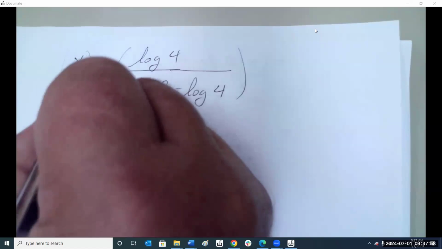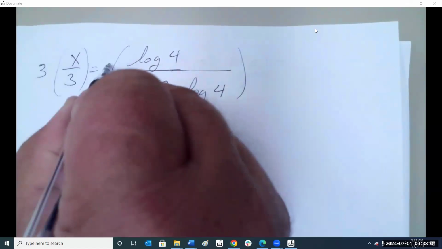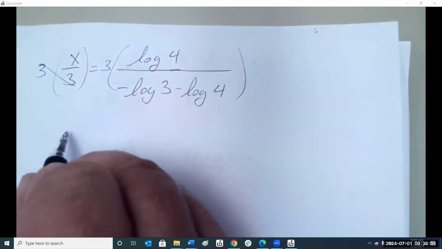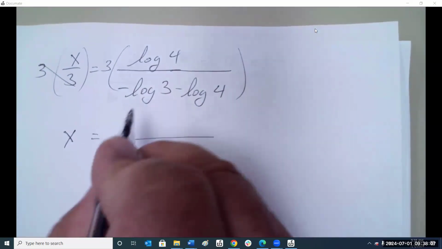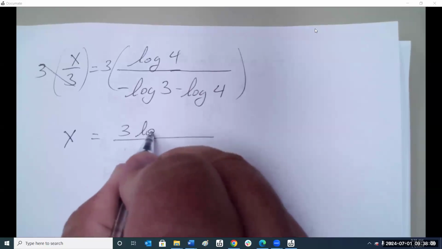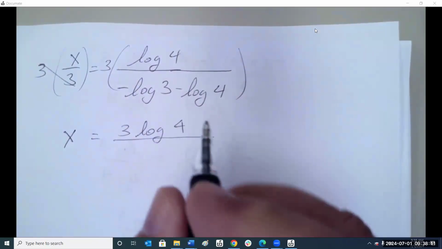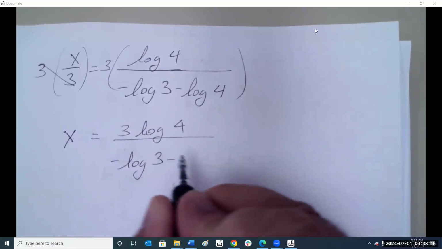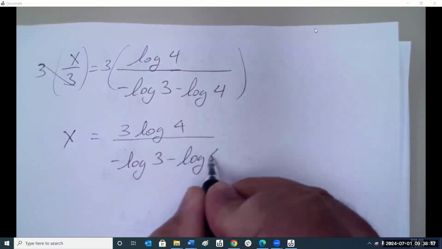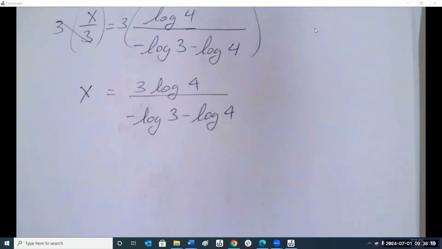Multiply both sides by 3. So it's 3 log 4 over negative.